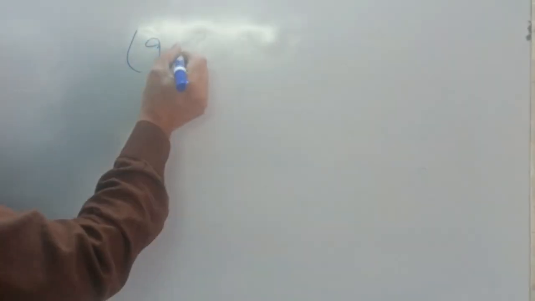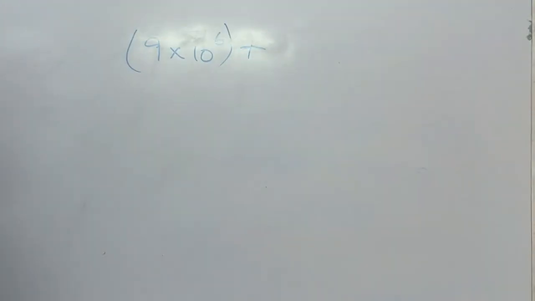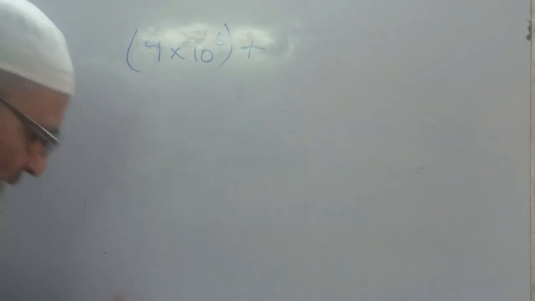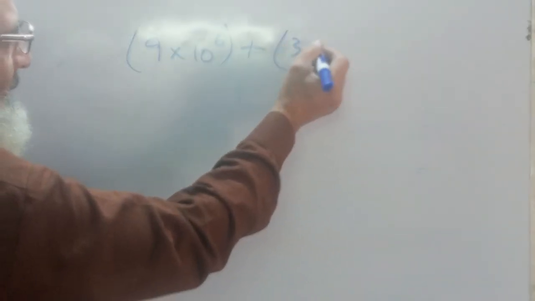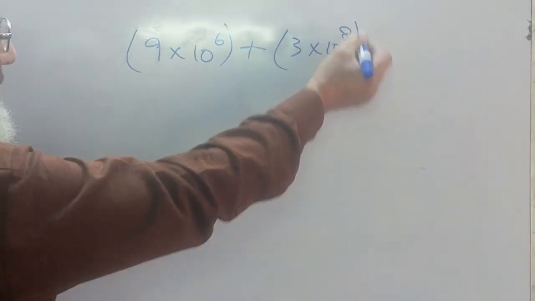So it is written like this: the last example is 10 raised to power 9, 10 raised to power 6, and now it is being added to 3 into 10 raised to power 8.